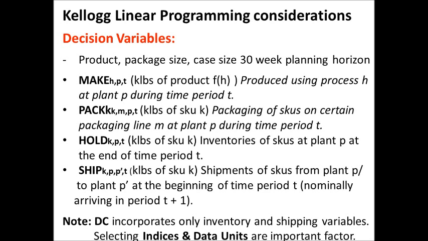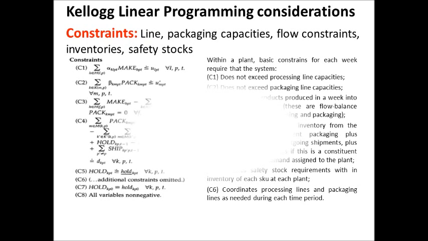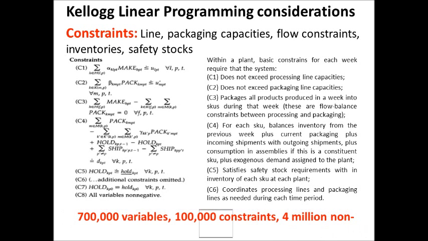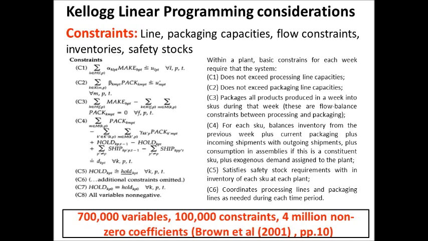So moving on to the next slide, we are focusing on the considerations as well: the packaging capacity, flow, constraint, inventory, and safety stock. There are some points that we mentioned, and all the formulations are input there.